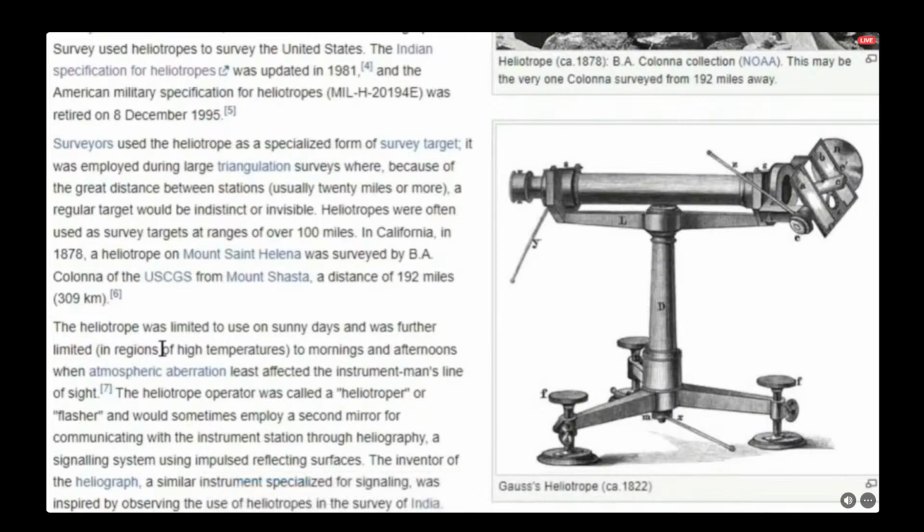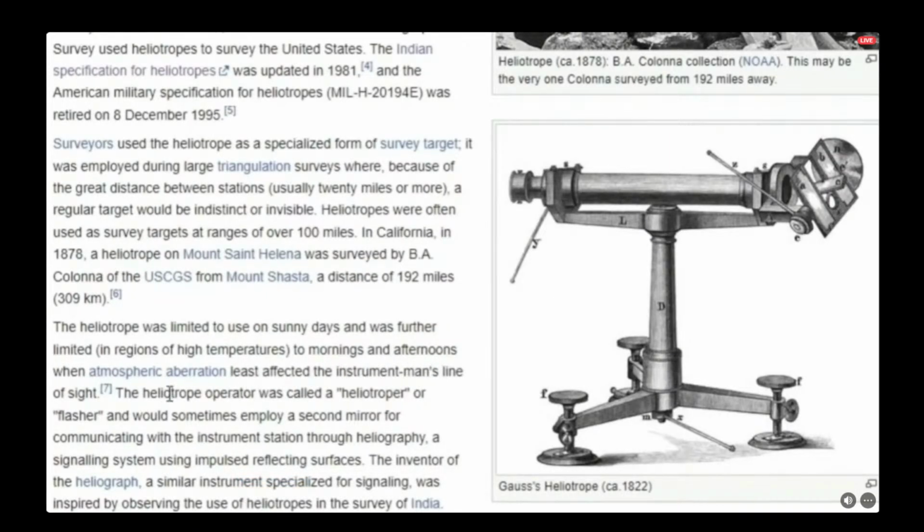Sounds like it's heavily optics induced. It would be heavily susceptible to refraction and atmospheric lensing and all sorts of things down at the atmospheric side. So I'm not sure that this is the best tool to denote a 10,000 mile triangle that has a spherical excess of 4 arc seconds. Just saying. Looks like it would be highly susceptible, actually.